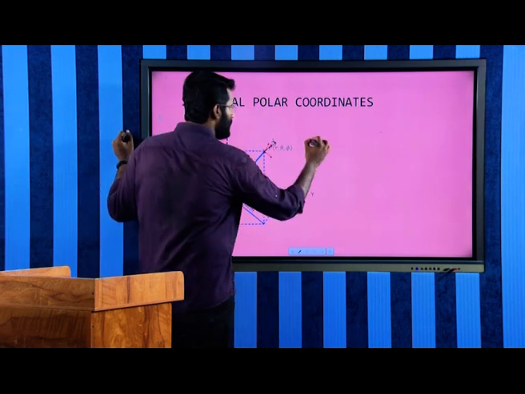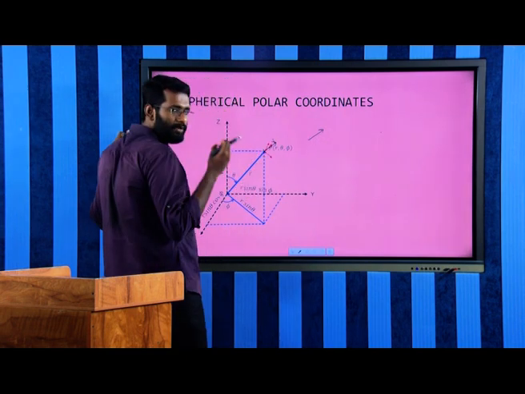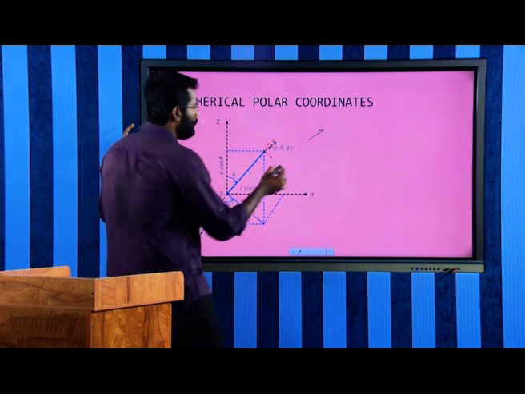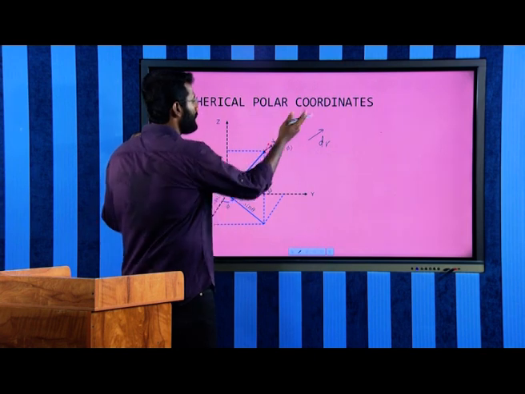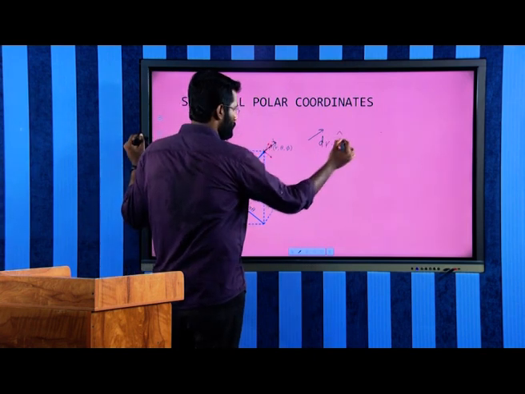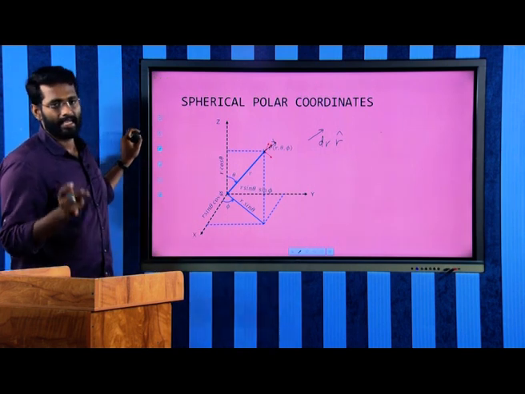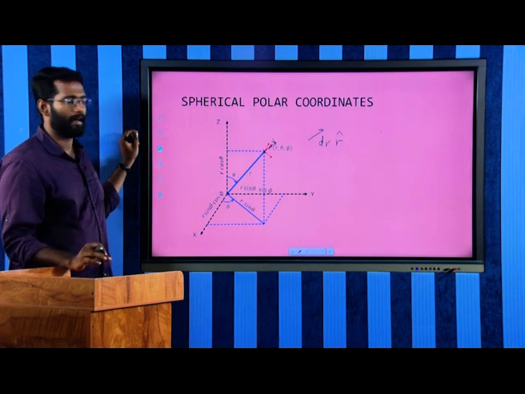That increase dr is a length. So, it will have a length dr, and it is directed exactly along the direction of r cap. So, dr into r cap is the part of the line element along the direction of r cap.